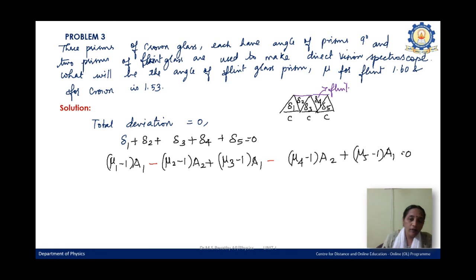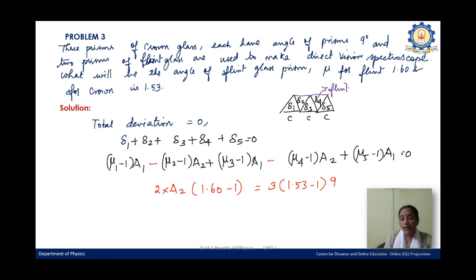So you can find the values as 2 times A2 of 1.60 minus 1, which is equal to 3 times 1.53 minus 1 into 9 degree.